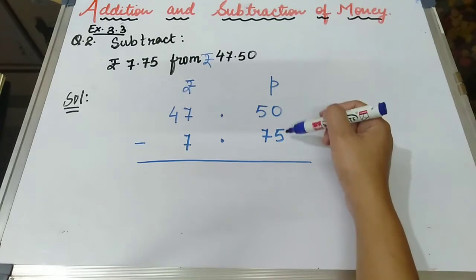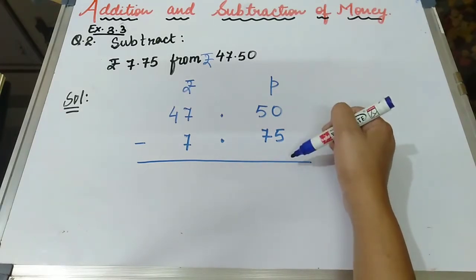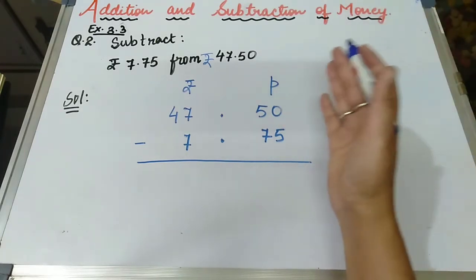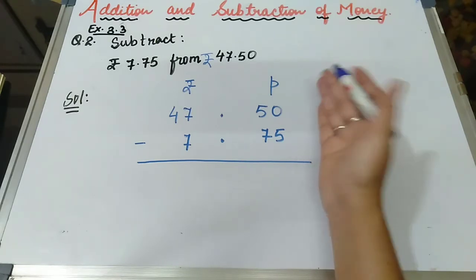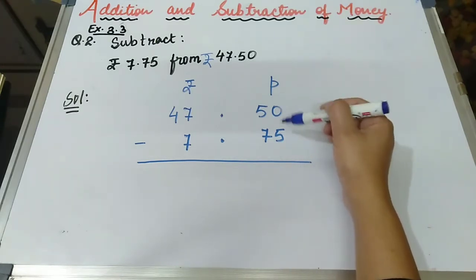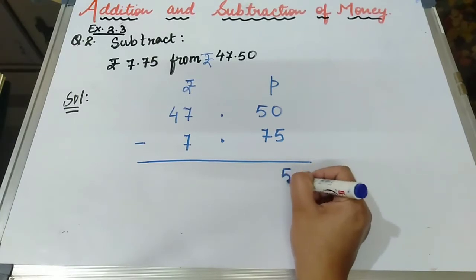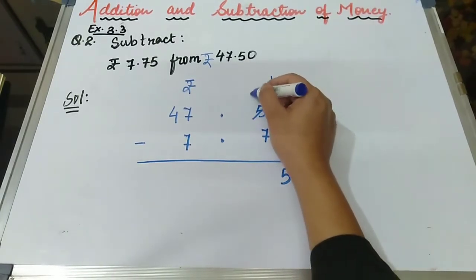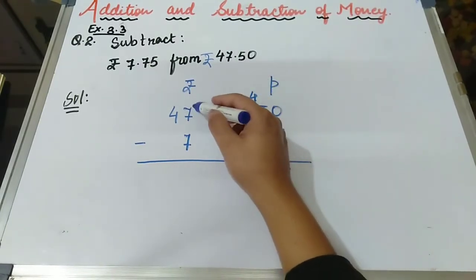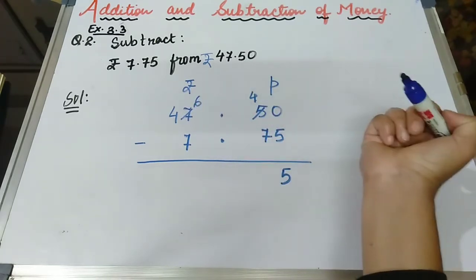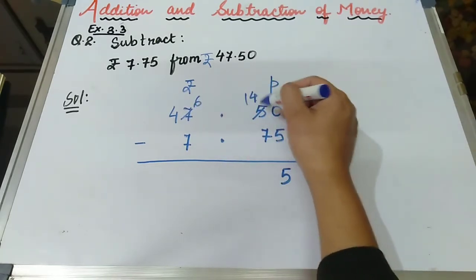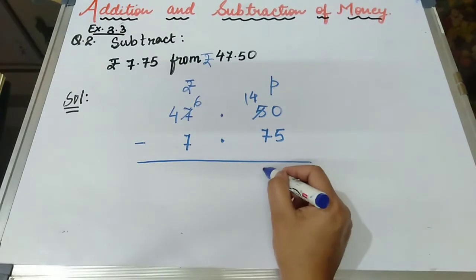So now here we will start subtracting from this side. As we subtract the other numbers, we have to similarly subtract the rupees and paise. So 10 minus 5 is 5. Now this will be reduced to 4 and it will borrow from here, so it will be 14. Minus 7 is 7.